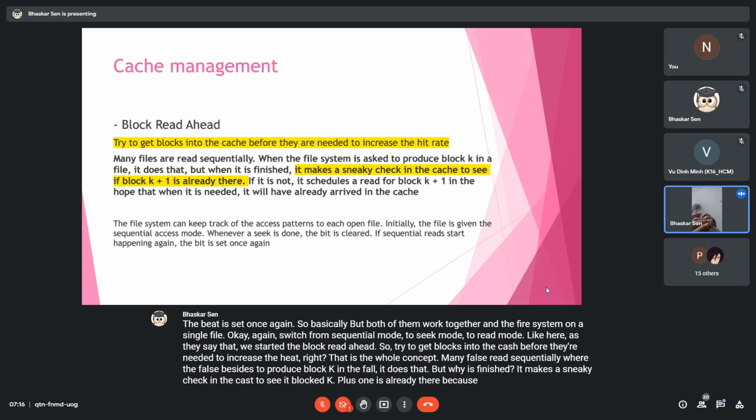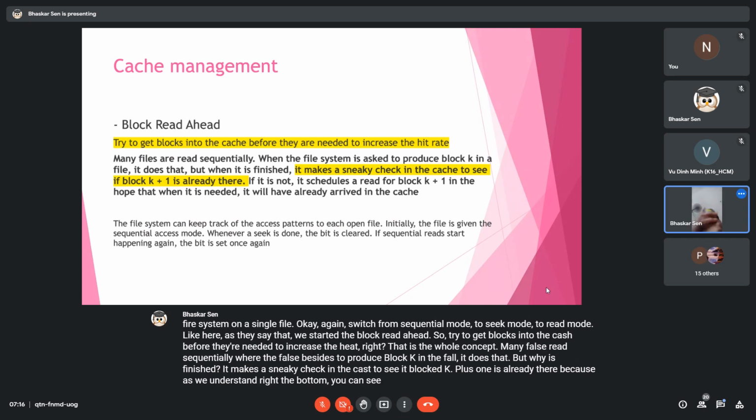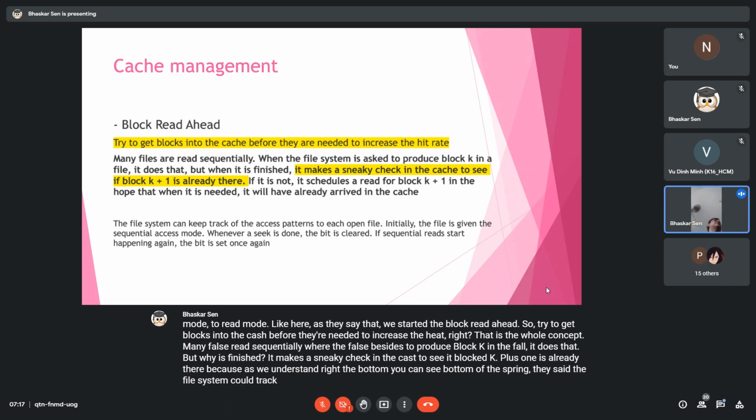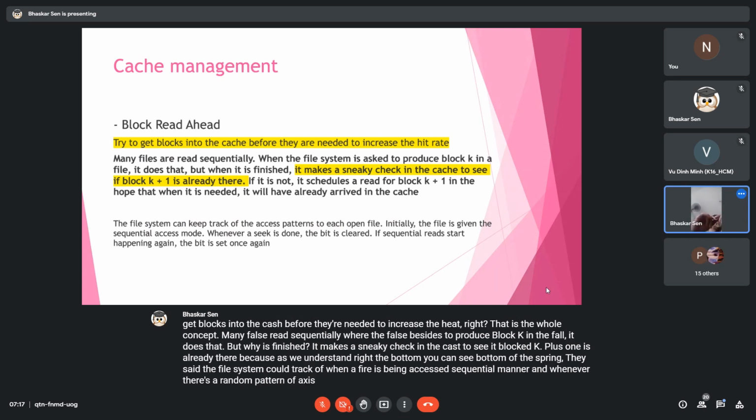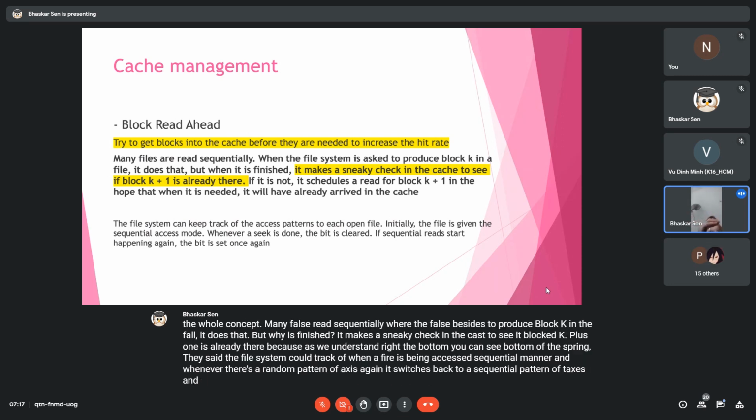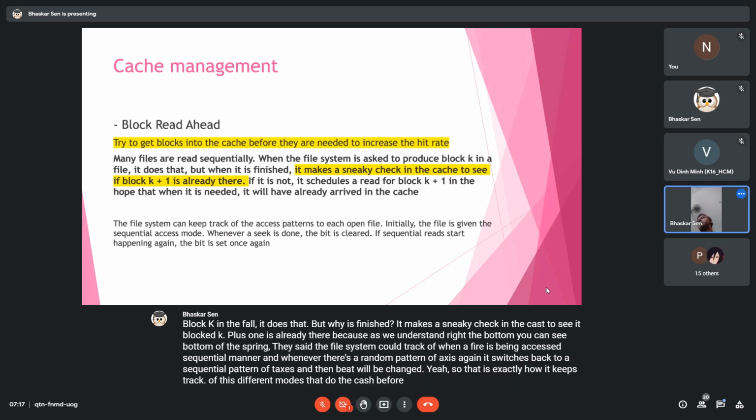Because, as we understand, the file system can keep track of when a file is being accessed in a sequential manner and whenever there's a random pattern of access. And again, it switches back to a sequential pattern of access, and the bit will be changed. That is exactly how it keeps track of these different modes of access.